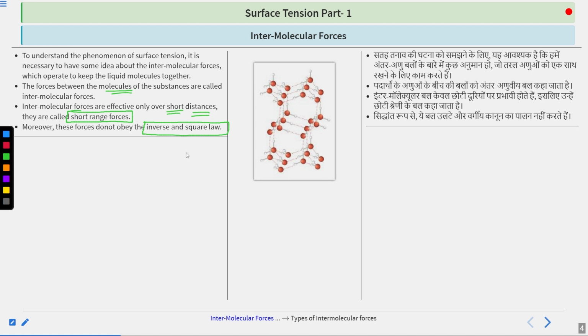If it is not dependent on this, then it is not following the inverse square law. Remember, if the intensity decreases while increasing the distance, and increases while decreasing the distance, then that physical quantity is following the inverse square law.